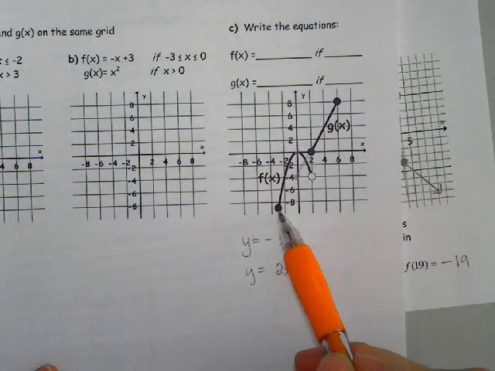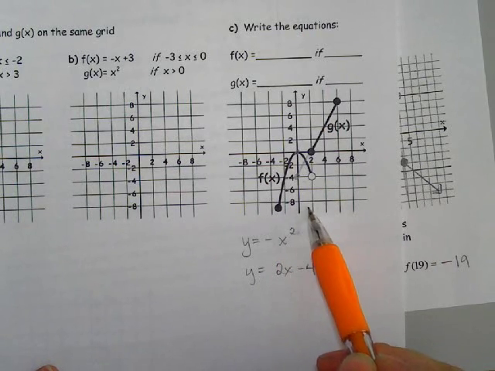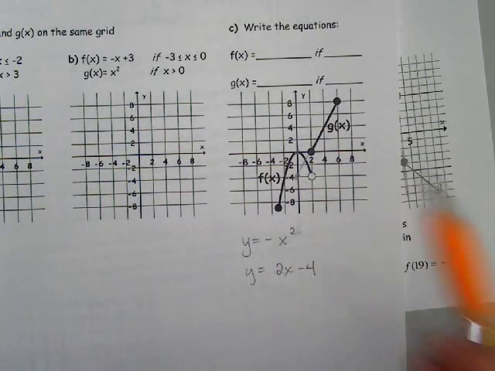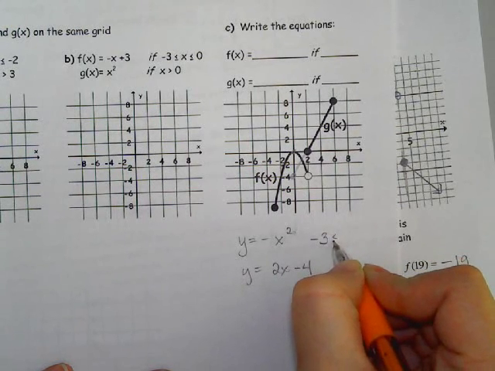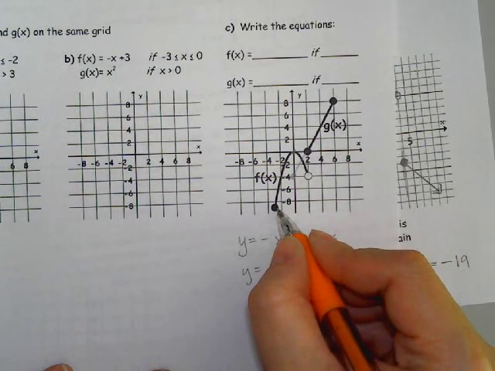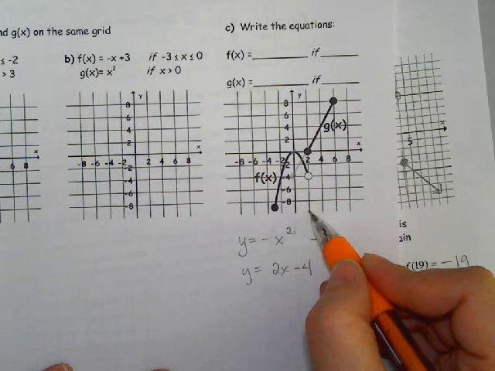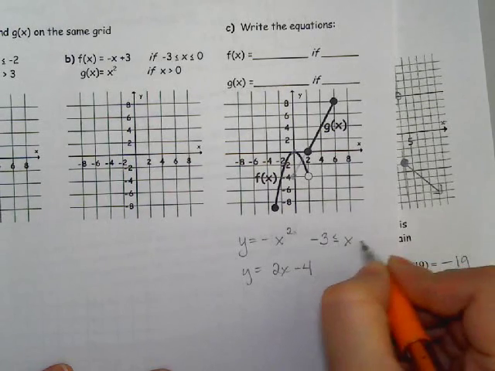So we need to specify what values our parabola covers. So what's our lowest x value on the parabola? Negative 3 is going to be less than or equal to, because we have a solid dot there. And then our highest value for the parabola is 2.